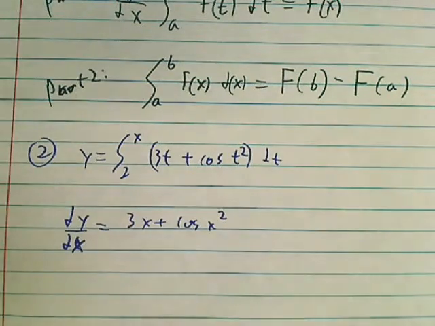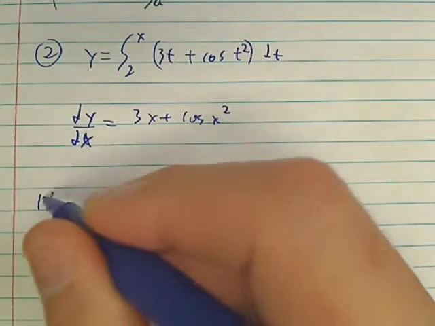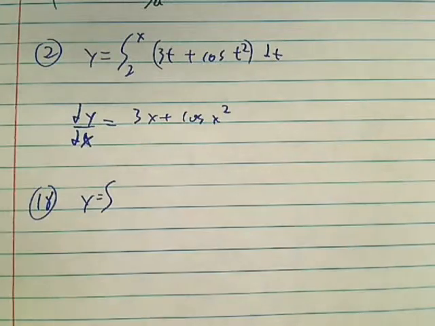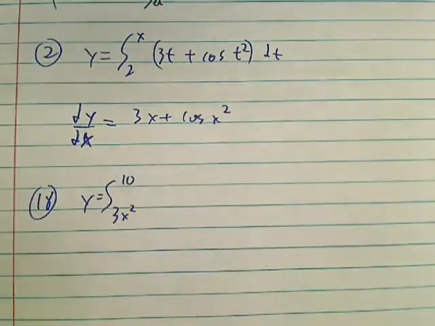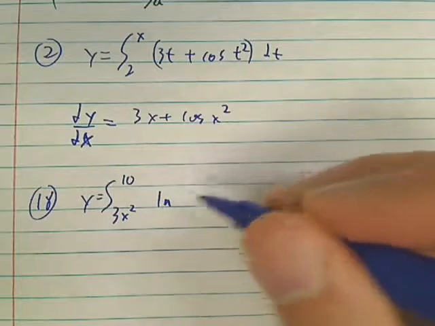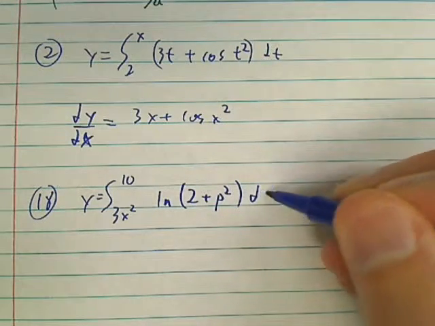Number 18. y equals the integral from 3x squared to 10 of the natural log of 2 plus p squared dp.